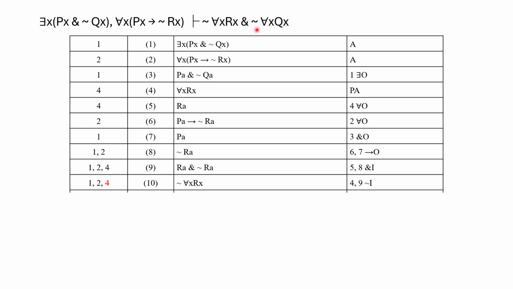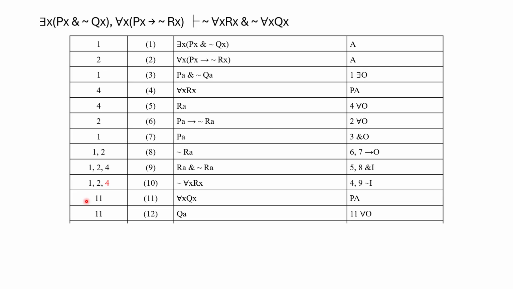Now I need to derive this tilde universally quantified QX. So I'm going to just assume the opposite. So AX QX as a PA and look to build another contradiction. So I can just get QA out from doing my universal quantifier out. It's unlimited. Now I'm just trying to find a contradiction. Well, look, there's tilde QA. Here's QA.